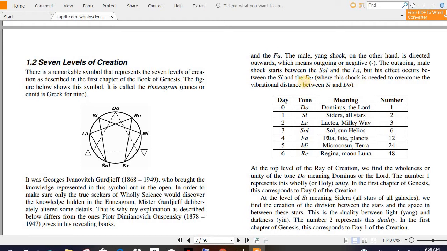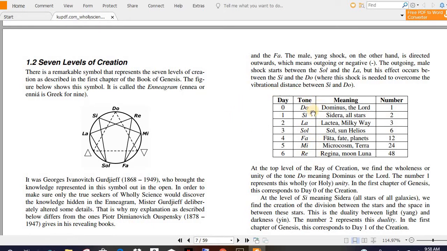The outgoing male shock starts between the sol and the la, but this effect occurs between si and the do, where this shock is needed to overcome the vibrational distance between si and do. Do, si, la, sol, fa, mi, re.